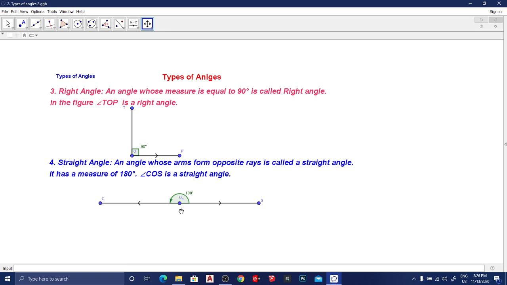So if the angle in between two rays is 180 degrees, that angle is called the straight angle, because these two opposite rays are forming a straight line like this. That's why this is called a straight angle. Okay, this is the fourth type of the angle.